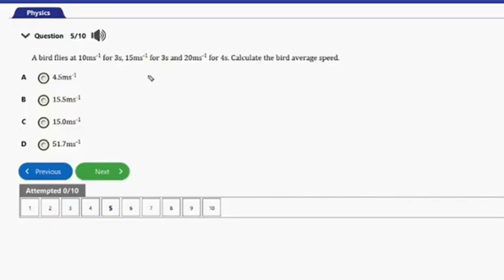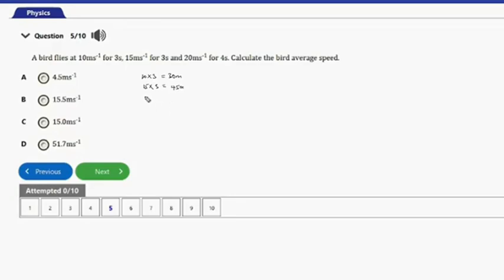The distance covered in the first flight is 10 times 3. That's the speed here times the time. That's 30 meters. Then the distance covered in the second flight is 15 times 3. So that's 45 meters.